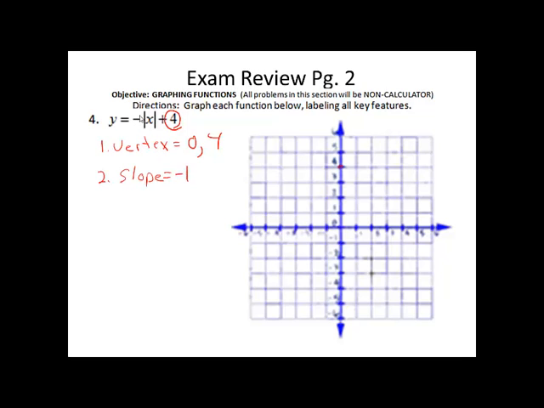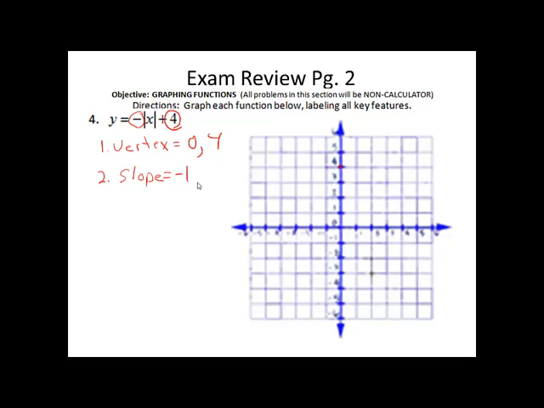Because we have that negative sign right here. The reason they don't write the 1 is because in mathematics, writing a 1 is what they call redundant. And just to save time, mathematicians decide not to write that 1.